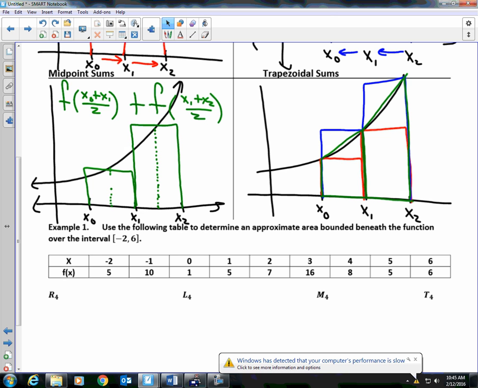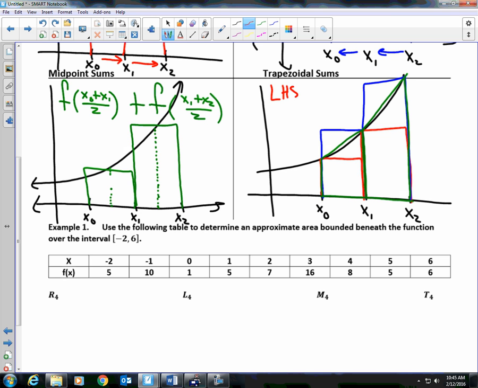So it is the left hand sum plus the right hand sum divided by 2. So if you've computed the left hand and the right hand, you simply need to average them, and that will give you a trapezoidal sum, which is generally very accurate.